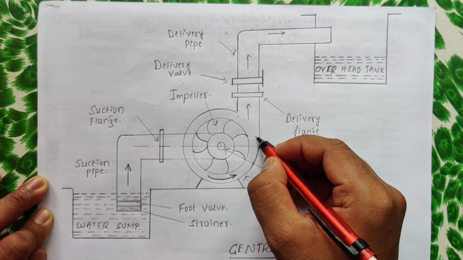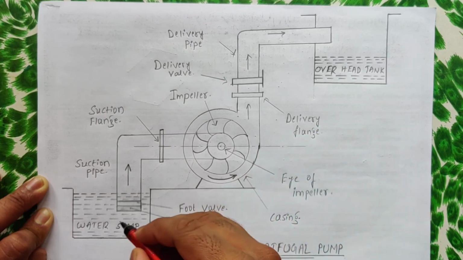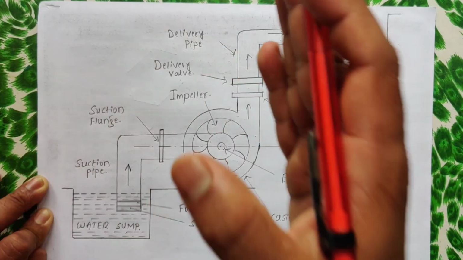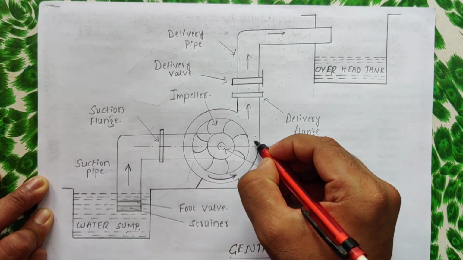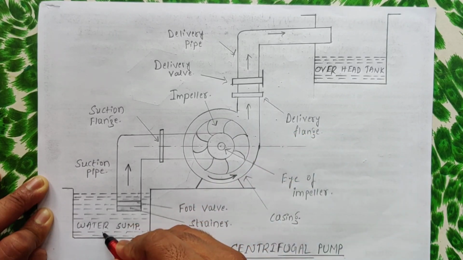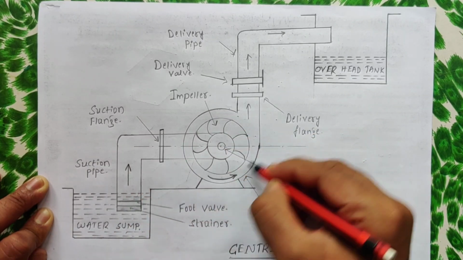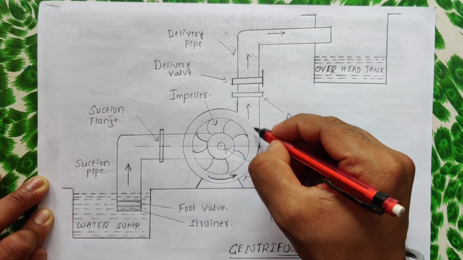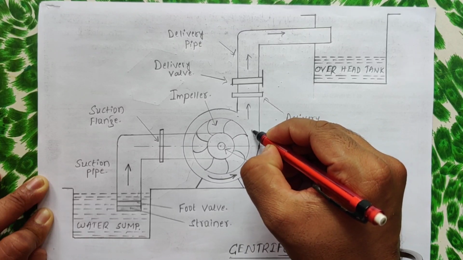The usual tendency of water is to flow from a high pressure area to a low pressure area, so the water from the sump will flow to this casing. Understood? When water flows into the casing, the pressure builds up here.